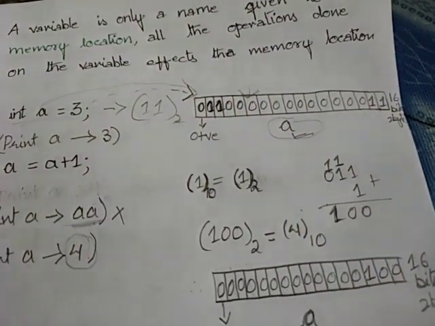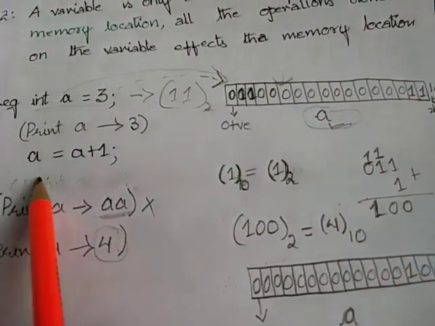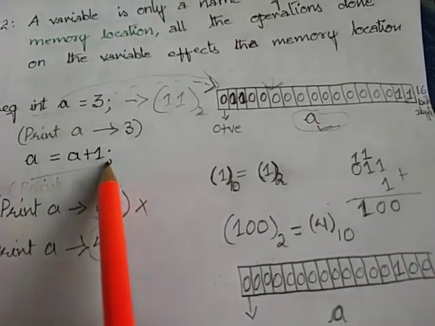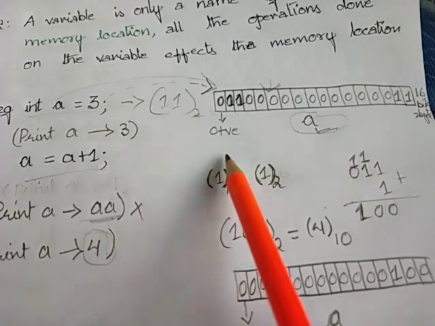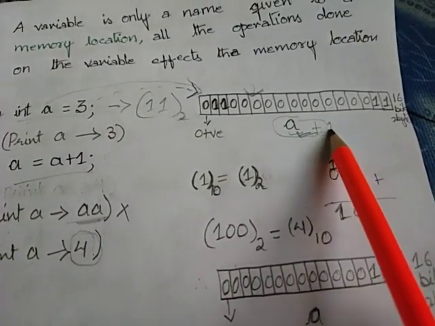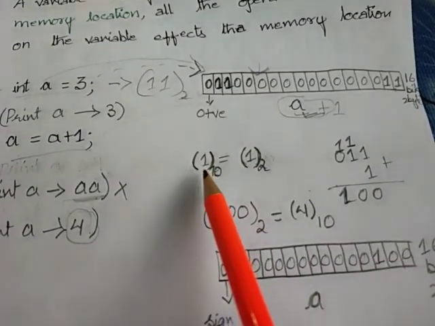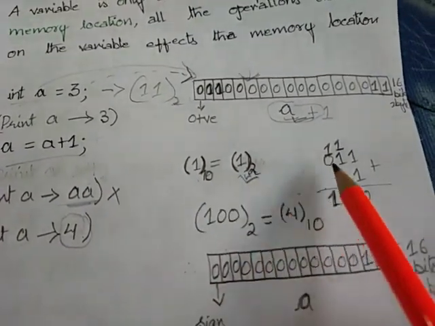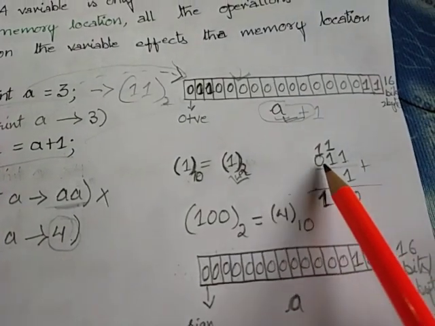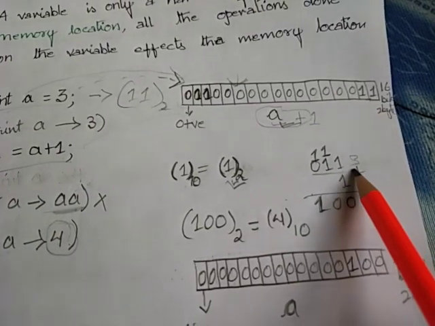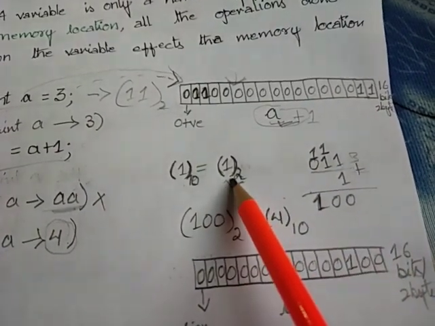Next, after that, you mention that A is equal to A plus 1. What is the meaning of this? When it gets compiled, that means in this location A, you want to increase the value by 1. And the binary value of 1 is 1. That means the binary value of 3, 0 1 1, will get added with the binary value of 1.